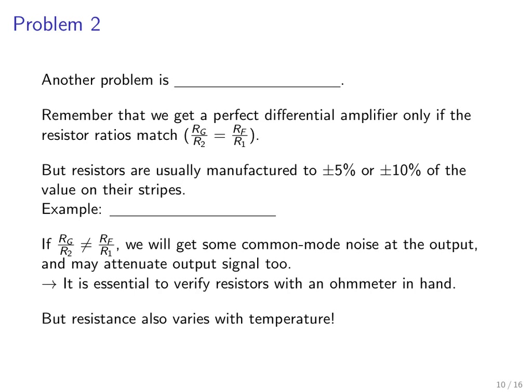So one practical problem was common mode gain of the device. Another problem is imperfect resistors. And this is one you'll deal with directly in the lab. So remember that we get a perfect differential amplifier only if the resistor ratios match.